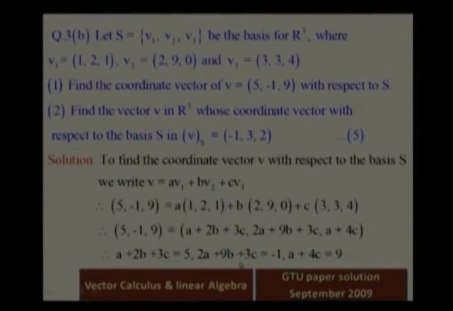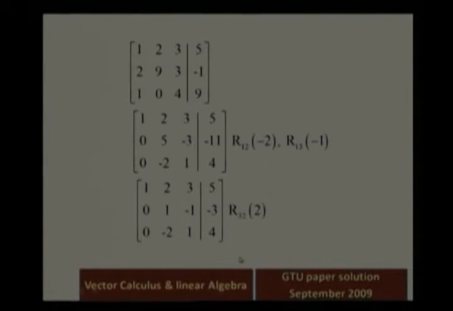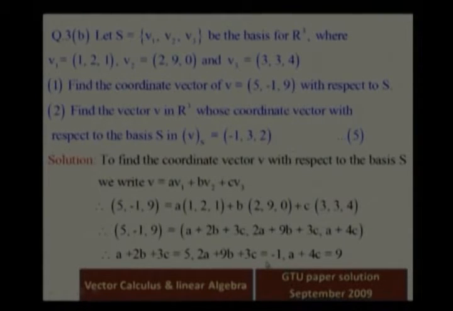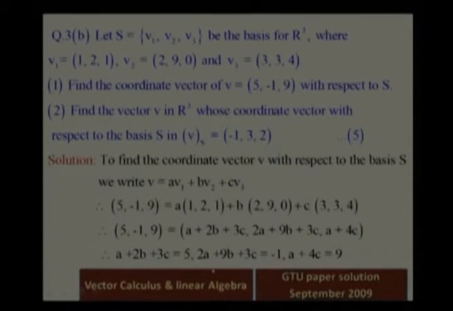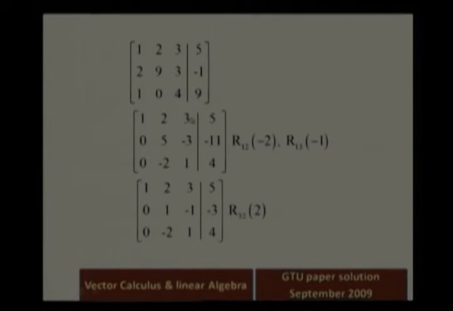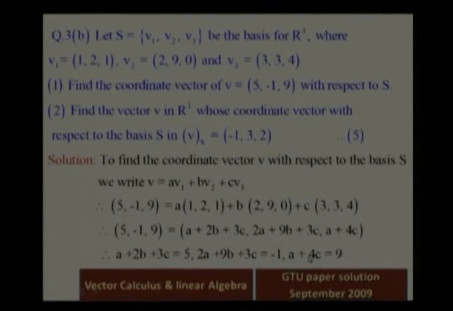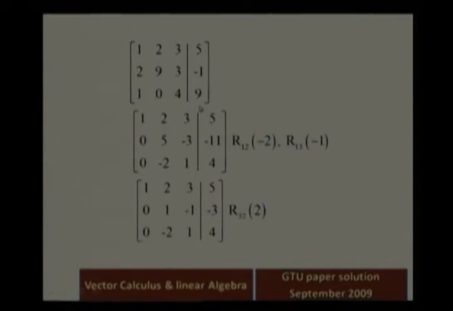So we have to solve these three equations using the matrix. From these we can write down the augmented matrix. The first row is 1 2 3 5, the second row is 2 9 3 -1, and from the third equation the coefficients of a, b, c are 1 0 4 and 9, right?